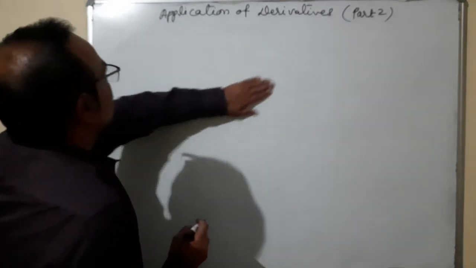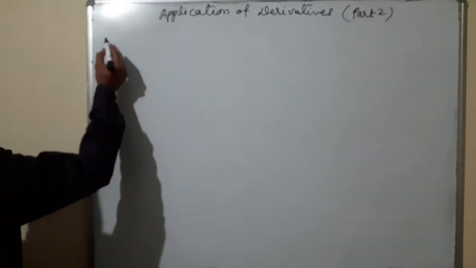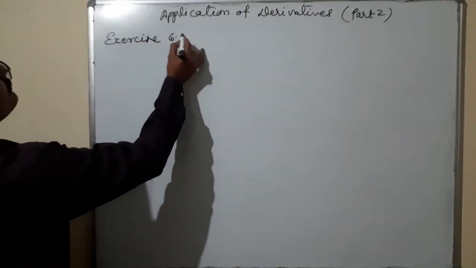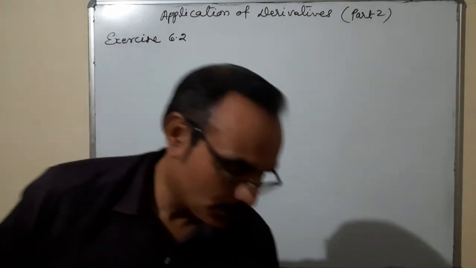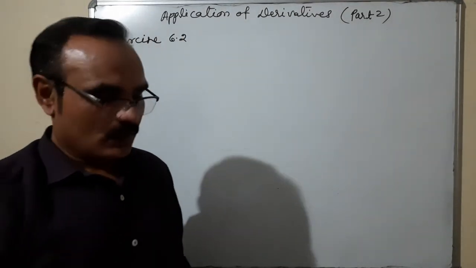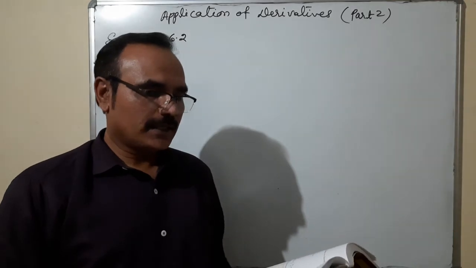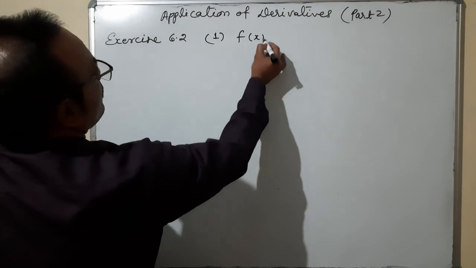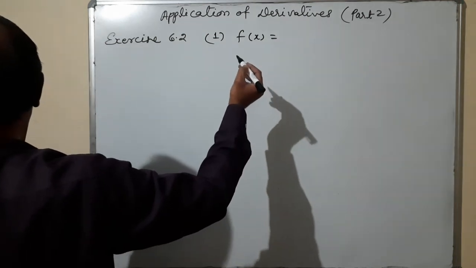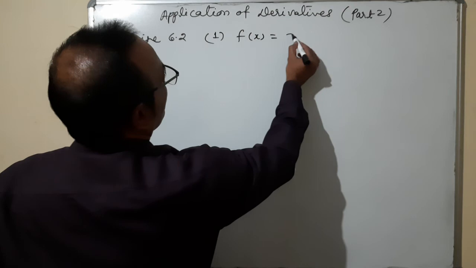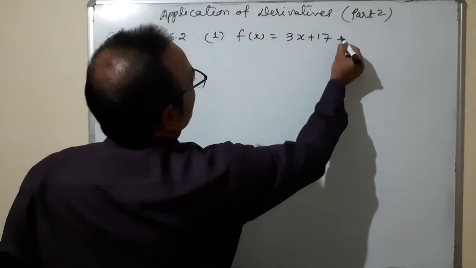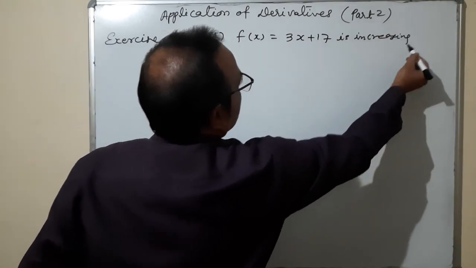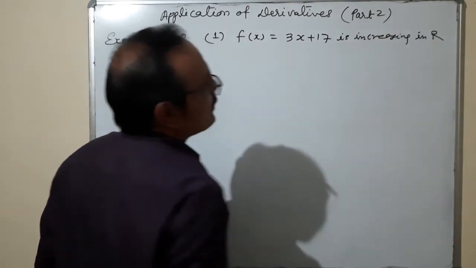Exercise 6.2, question number 1: show that the function f of x is equal to 3x plus 17 is increasing in R, where R means the set of real numbers.